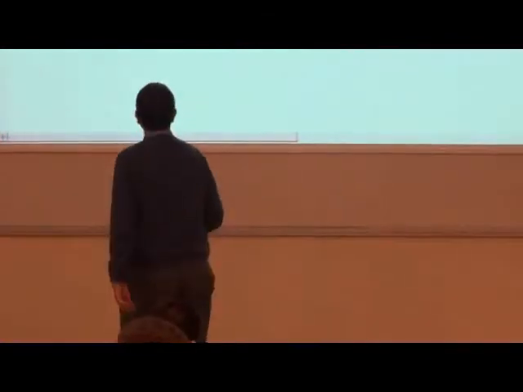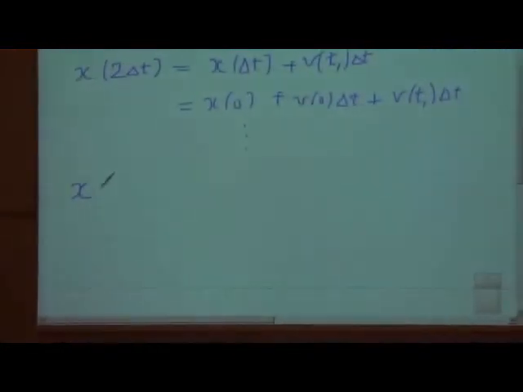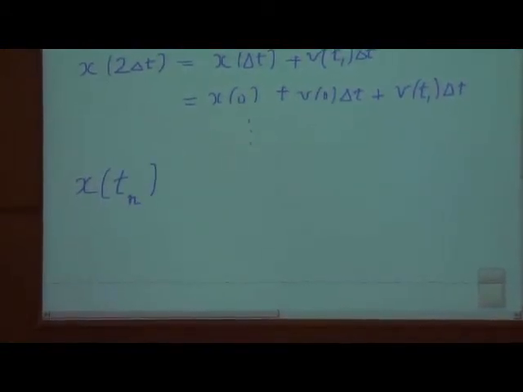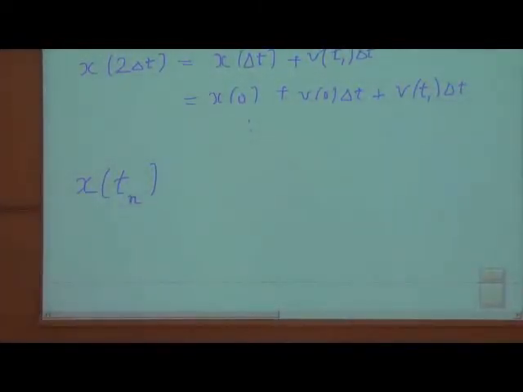Clearly, if you proceed that way, this is just the obvious way to calculate how much distance is gone. I start from this position, then in the first time delta t, I move this much. In the second time, maybe I'm faster, I move this much.